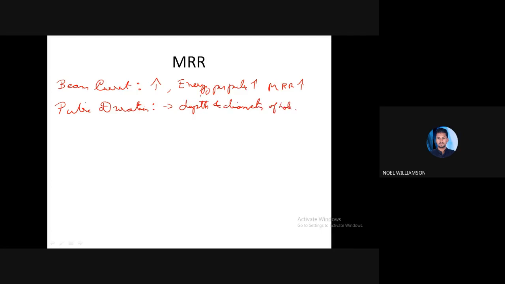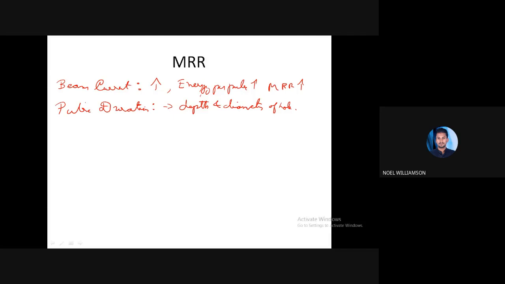So suppose you have to drill a hole using EBM, then with the change in the pulse duration, we can change the depth and diameter, or the depth and diameter of the hole produced will be affected by the pulse duration.